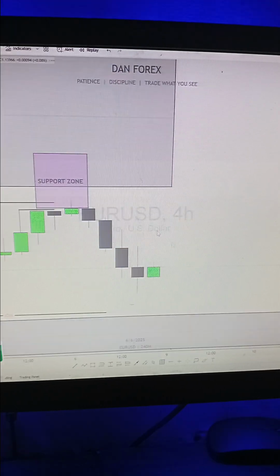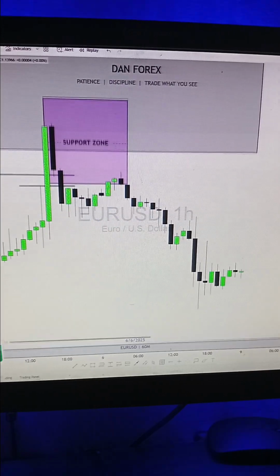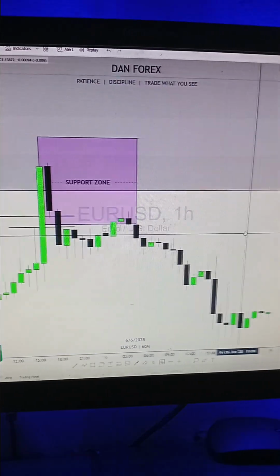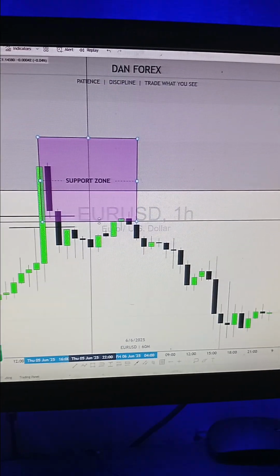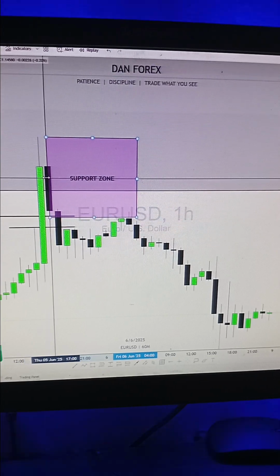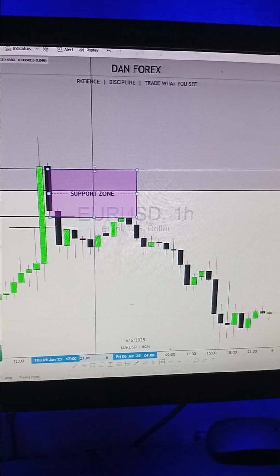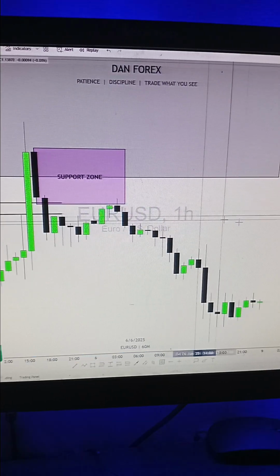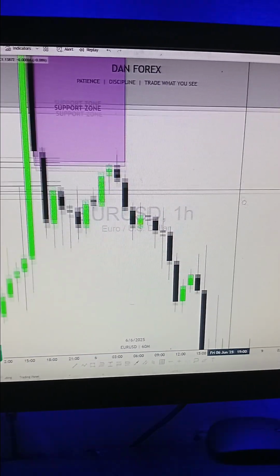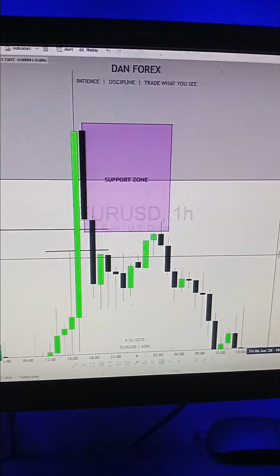So you could have gone back to 1 hour. On 1 hour, you could have refined it to this black candle here, like that, and to be like that, right? After the market mitigates our supply zone, we need what?